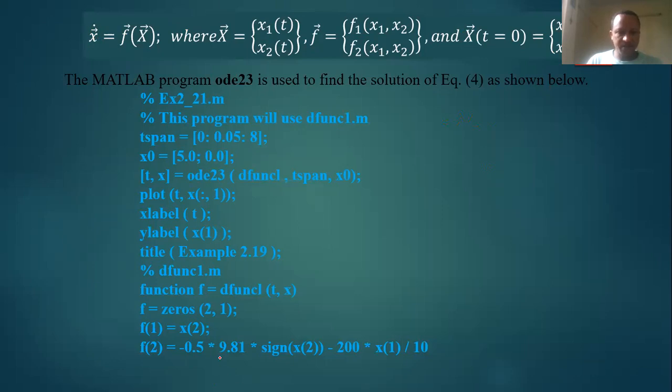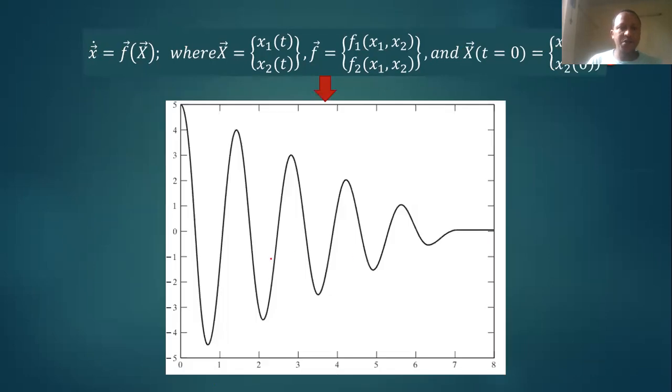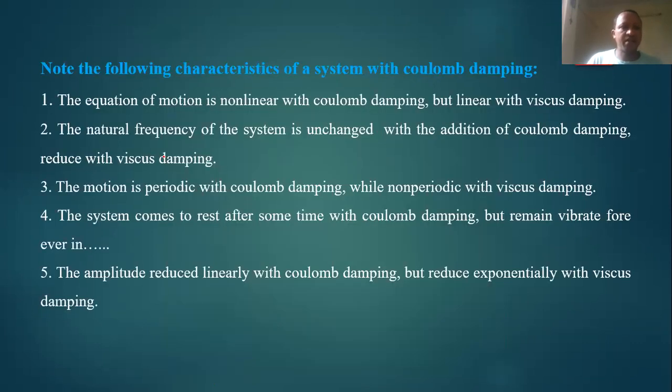Finally, g is this value. And finally, what we can get is this graph. This is the graph. You can consider this as an equilibrium position. This is the MATLAB plot of the particular question.